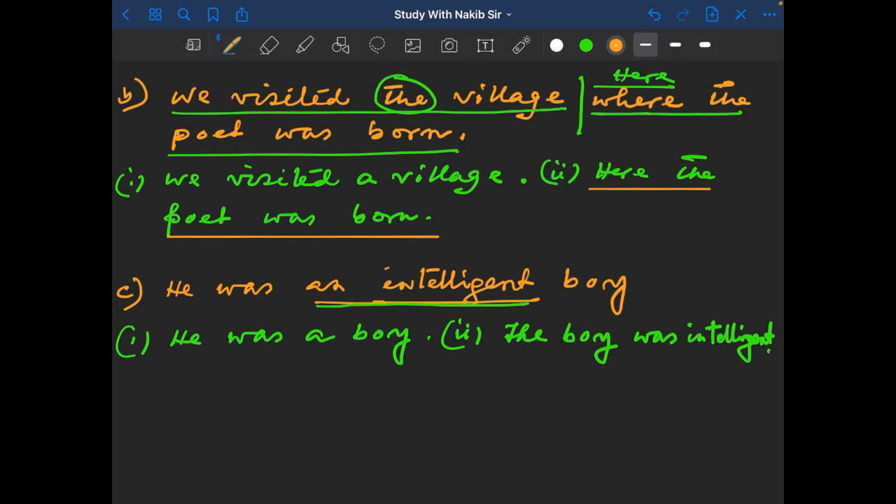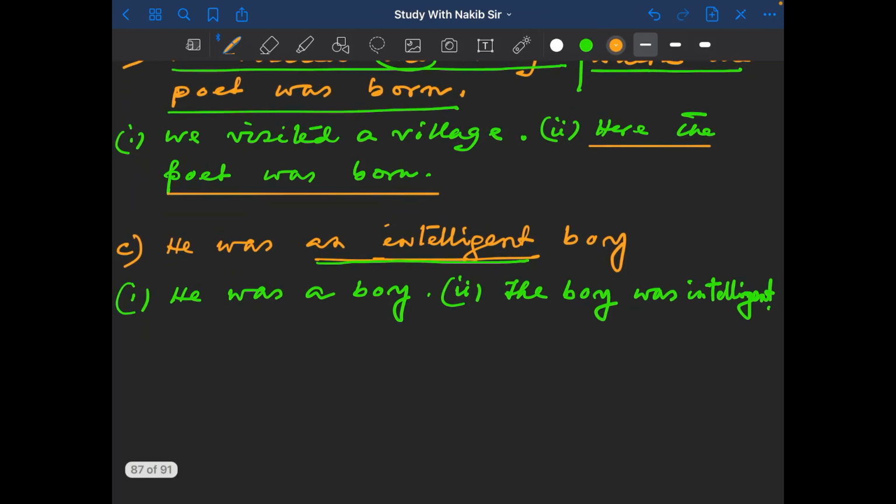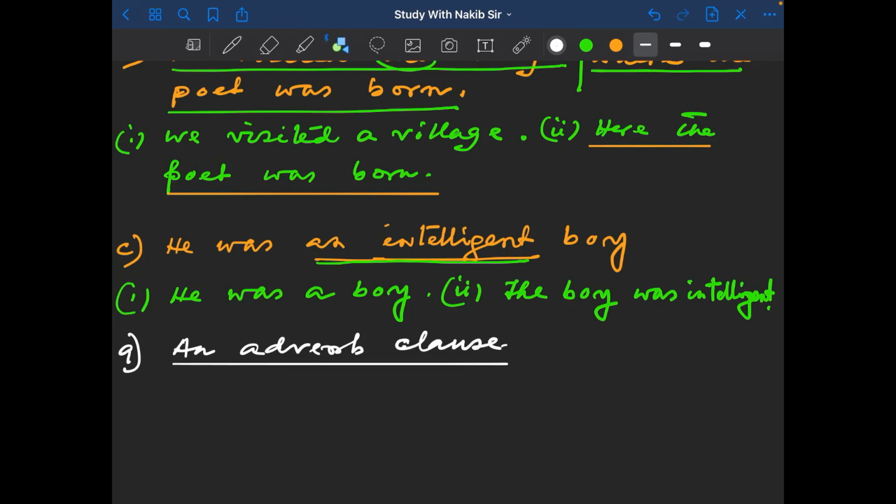Now in a sentence, if you get an adverb clause, for that adverb clause a separate sentence can be made. Okay, now see the example.